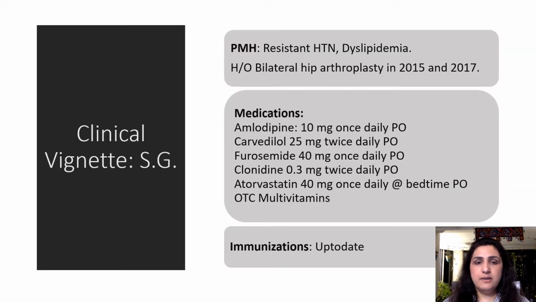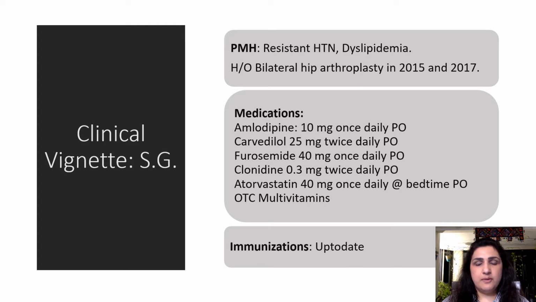On the past medical history, he had resistant hypertension and dyslipidemia. In the surgical history, he had bilateral hip arthroplasty, one done in 2015, and the other one done in 2017.